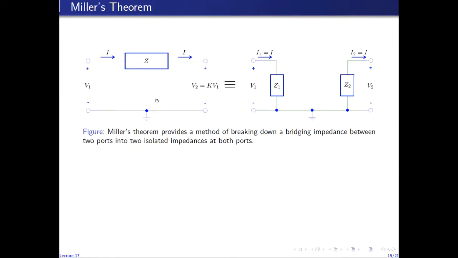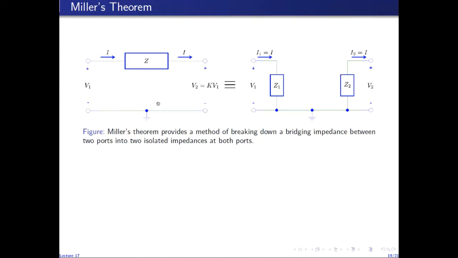As shown in the circuit on the left here, this impedance Z is the bridging impedance between port 1 and port 2. Using Miller's theorem, we can break down this bridging impedance into two separate isolated impedances, Z1 at port 1 and Z2 at port 2.